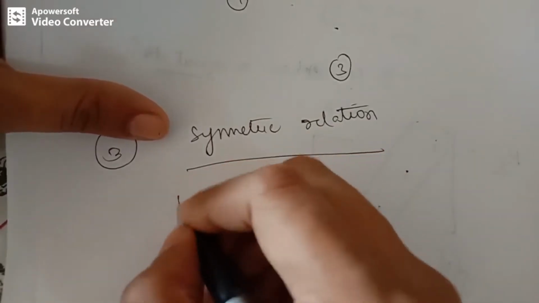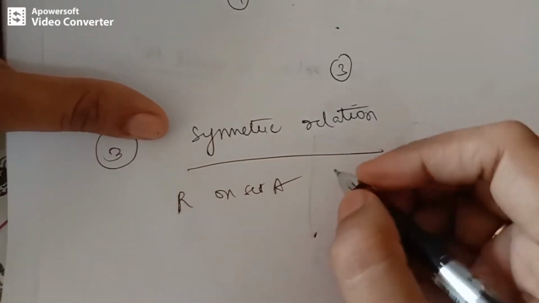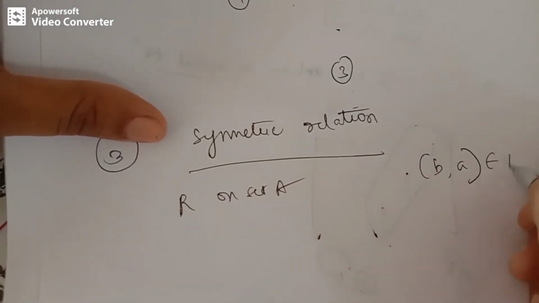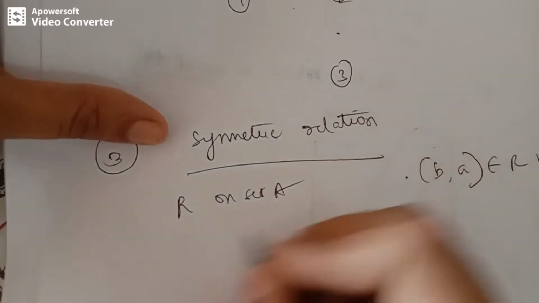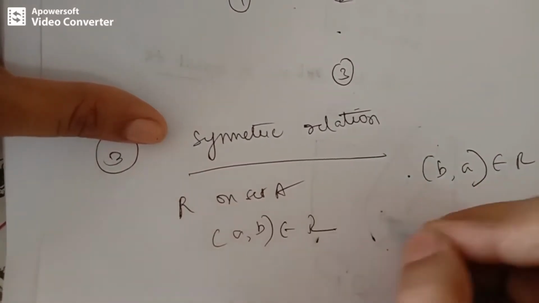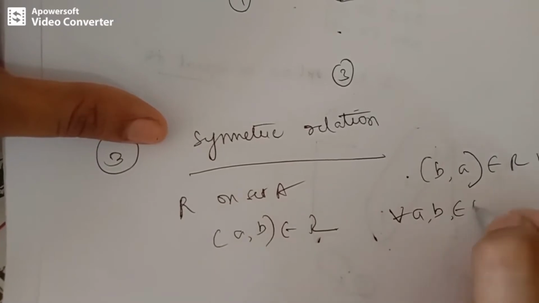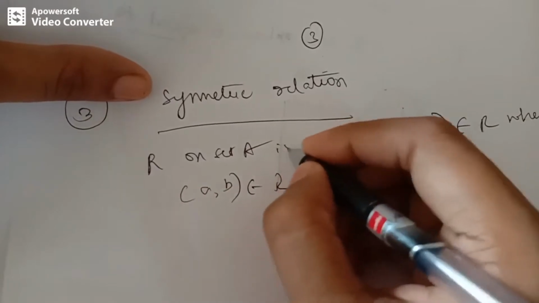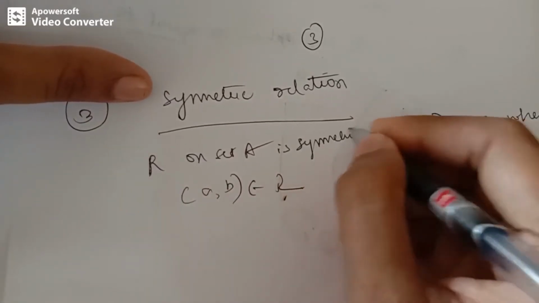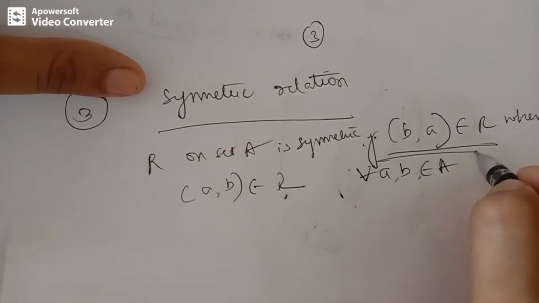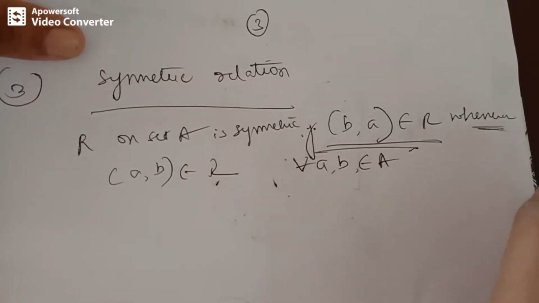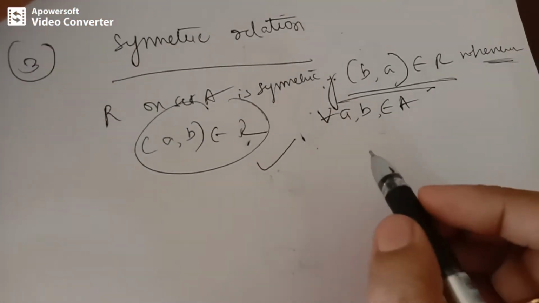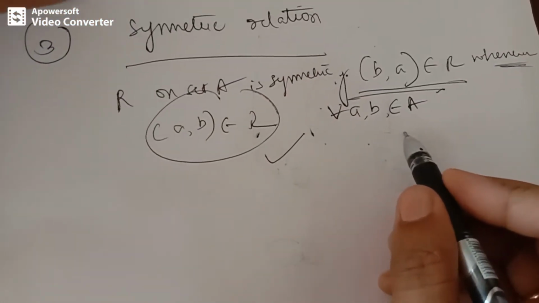The relation R on set A is said to be symmetric if we have the pair B comma A belongs to R whenever A comma B belongs to R, for all A and B in the set A. So I repeat, a relation R on set A is said to be symmetric if we have the ordered pair B comma A belongs to R whenever A comma B is there in the relation, for any A comma B belongs to the set A.